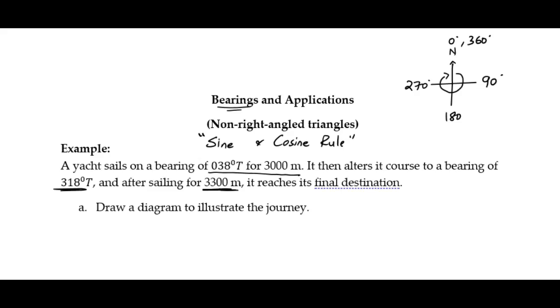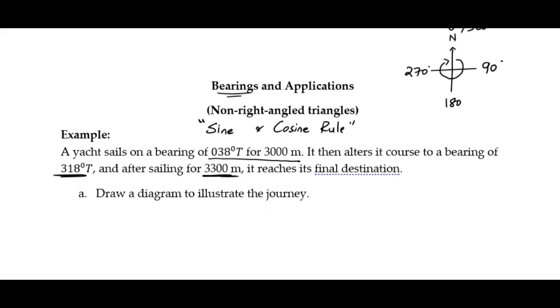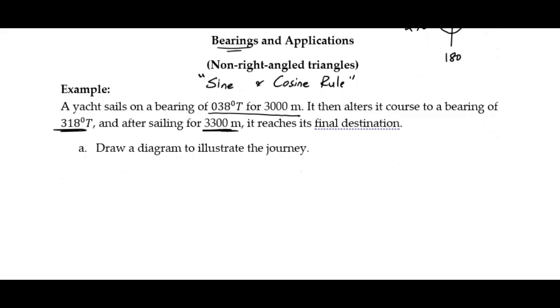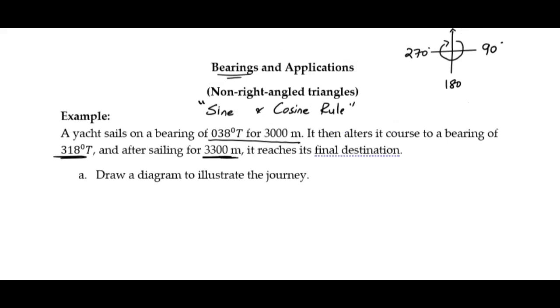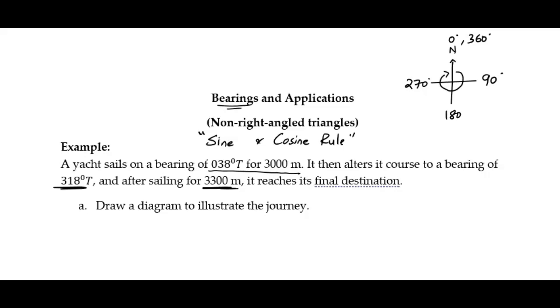Right, so the first part is obviously we have to draw a diagram to illustrate this situation. Now, one of the things I like doing before actually drawing my proper diagram is to quickly see which way the ship's basically turning, just to make sure that I can place my diagram in the right format so it's actually looking nice and clear. The first part of the journey is 38 degrees T, so it is going to be somewhere in that direction there.